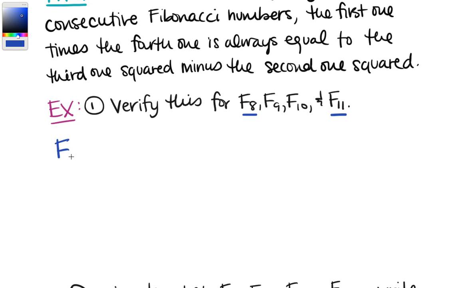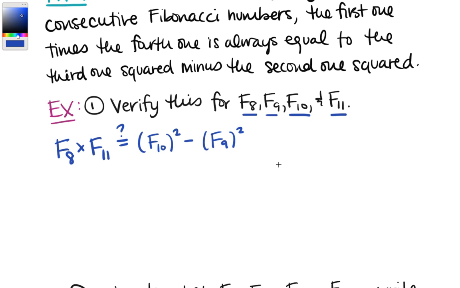So first one, which is F8, times the fourth one. And we're going to verify this fact. So we want to check, is that equal to the third one squared? So here's the third one, F10 squared, minus the second one squared. F9 is the second one, F9 squared.